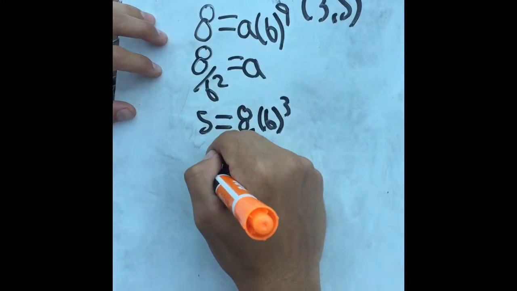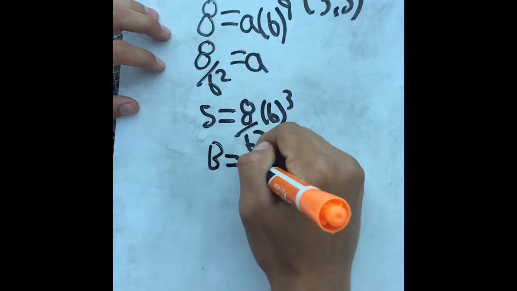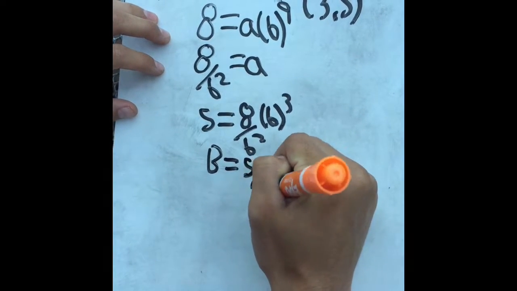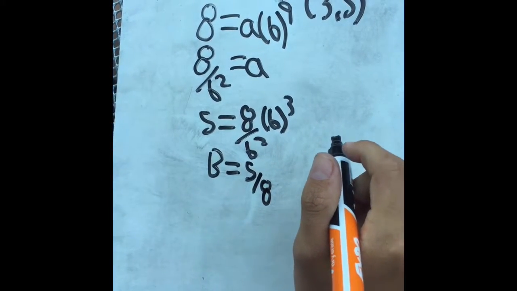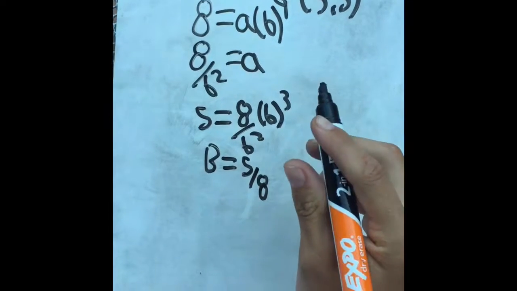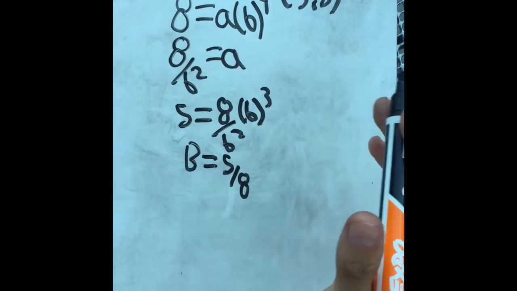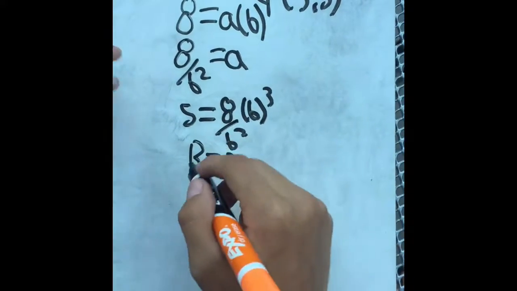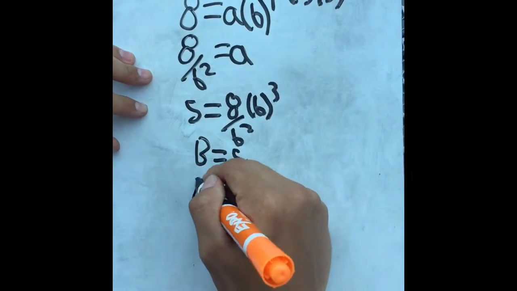So b would equal 5 divided by 8. And then the next thing we're going to do is substitute 5 divided by 8 for b and then simplify. That would look like this.